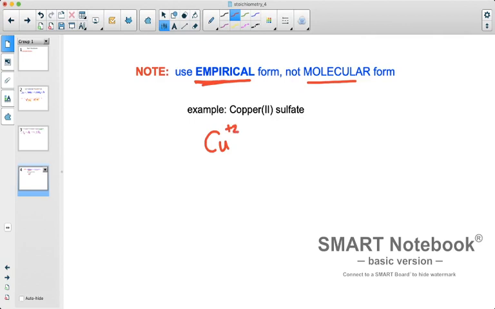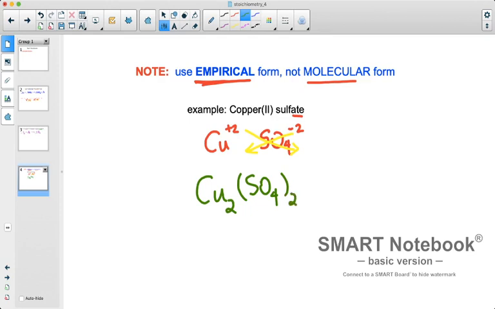Sulfate, you'll notice the ending is ATE. So I'm going to go into my table E, and sulfate is SO4, -2. When I crisscross this, it looks like I should get a formula of Cu2, SO4, and remember we keep the polyatomics together, and then a subscript of 2.